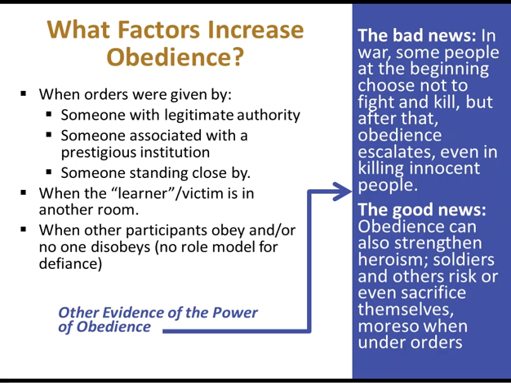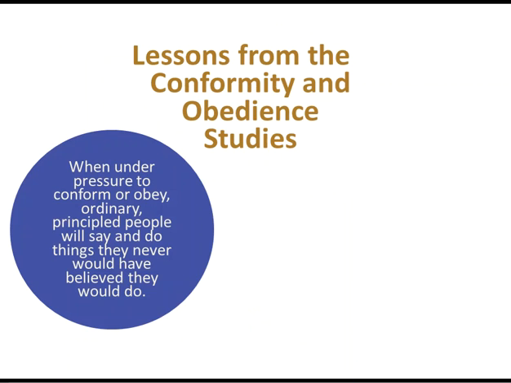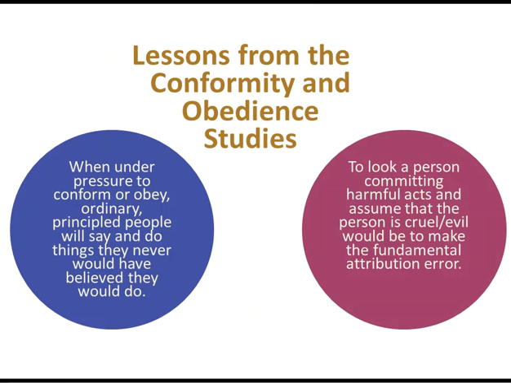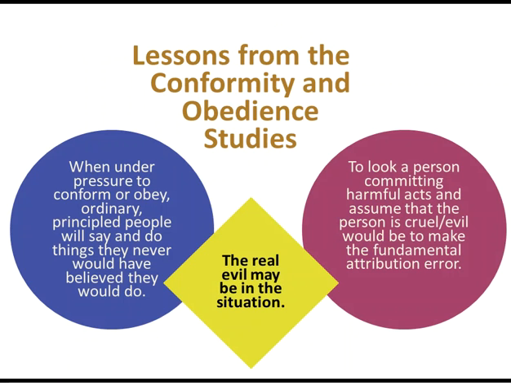So the lessons from all of this, the lessons from the conformity and obedience studies. When under pressure to conform or obey, ordinary, principled people will say and do things they never would have believed they would do. The real evil may be in the situation.